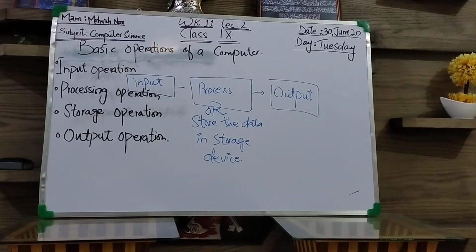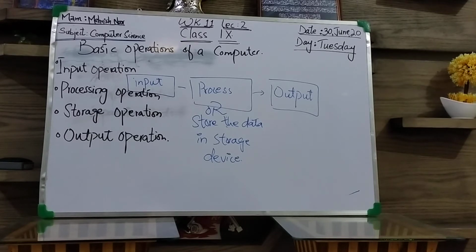Next, what is storage operation? The results produced after processing are stored in the memory before they are sent to the output device or permanent storage device like hard disk. Clear? The next point is output operation. The result of data processing stored in the memory must be output so it can be seen by the users.